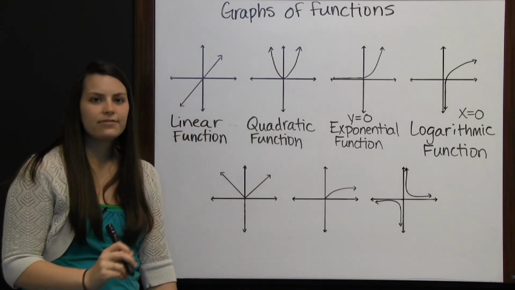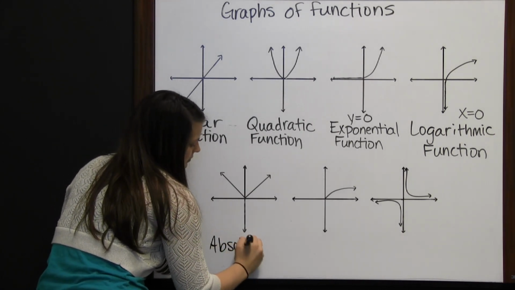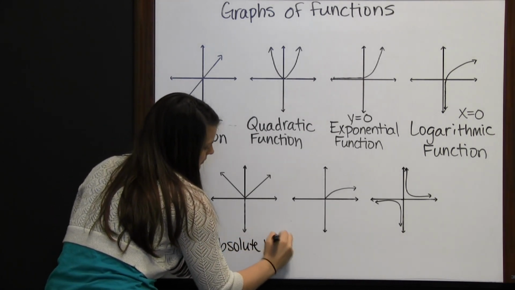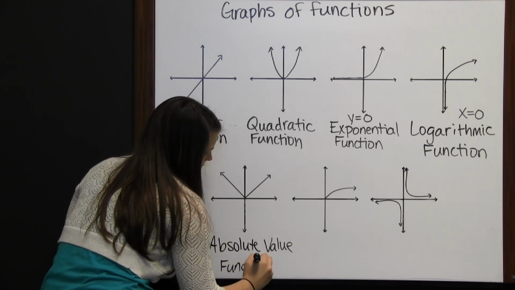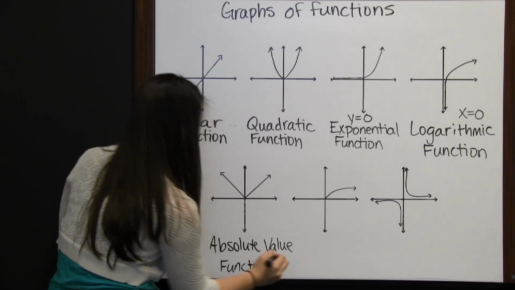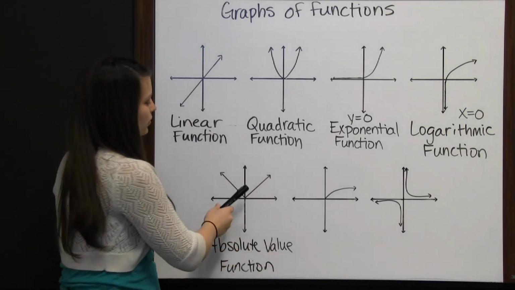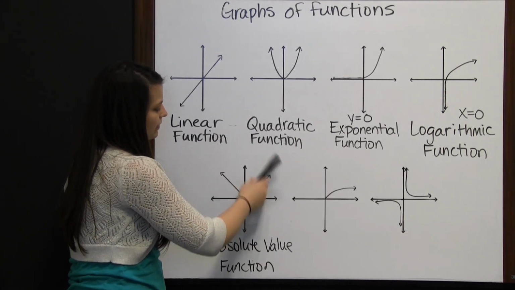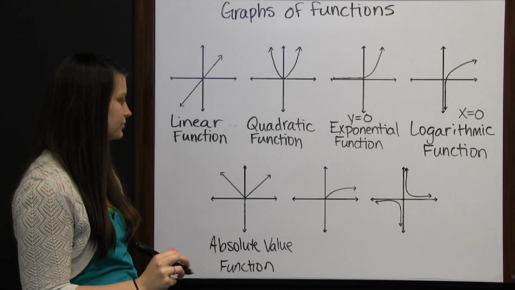The next graph is what's called an absolute value function. And it graphs a V. It looks like a V. So they're straight lines, and then the left side is just the reflection of the right side.